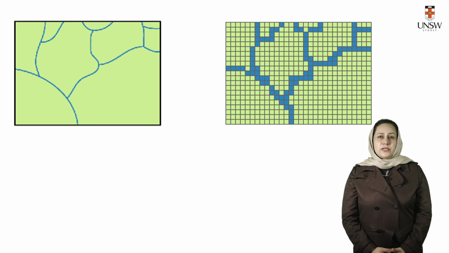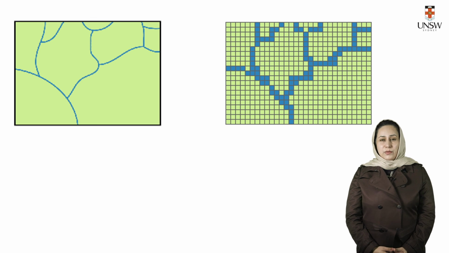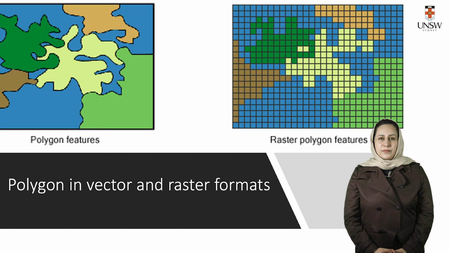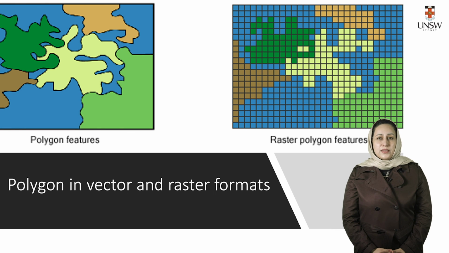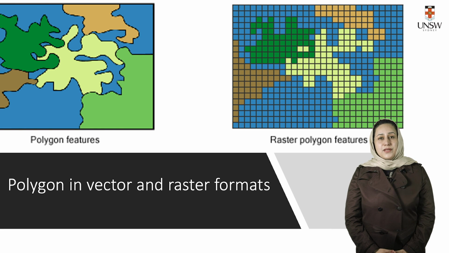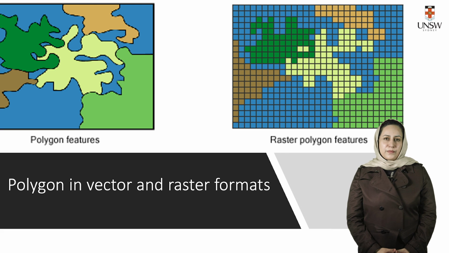See how linear features are represented in vector and raster data types. I am sure that you have learned that raster data is the one represented by pixels. And here you can see the demonstration of polygons in vector and raster data types.